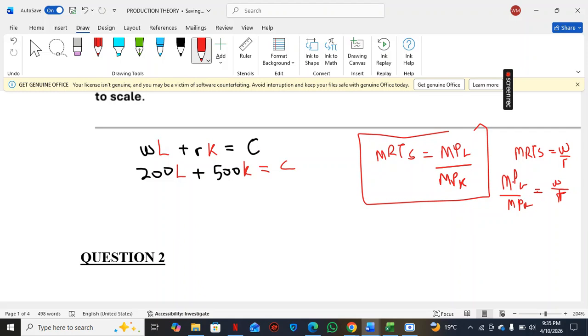So we need to get MPL and MPK. This is our production function, Q equals L to the power 0.6 K to the power 0.4.